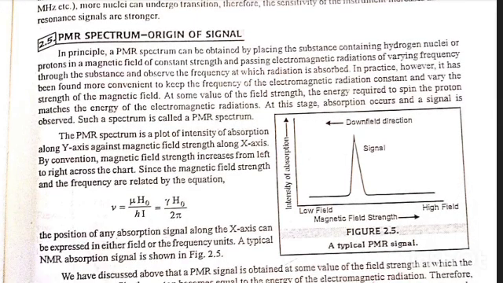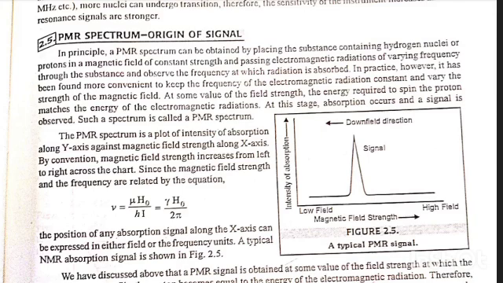PMR spectrum or origin of signal. In principle, a PMR spectrum can be obtained by placing the substance containing hydrogen nuclei or protons in a magnetic field of a constant strength and passing electromagnetic radiation of varying frequency through the substance and observing the frequency at which radiation is absorbed.